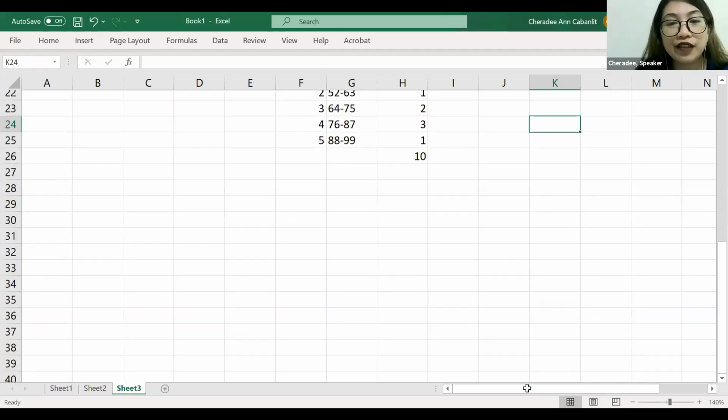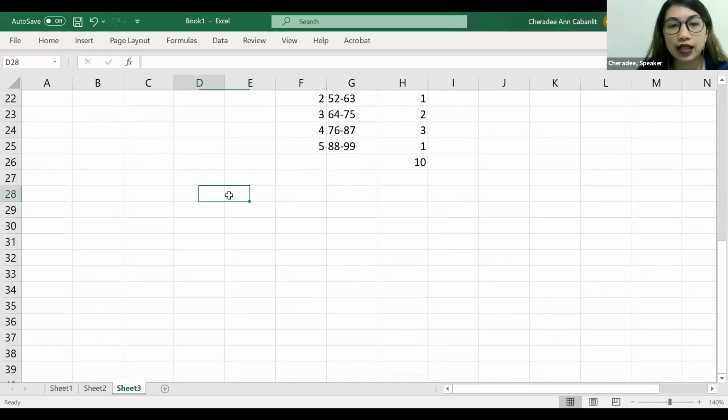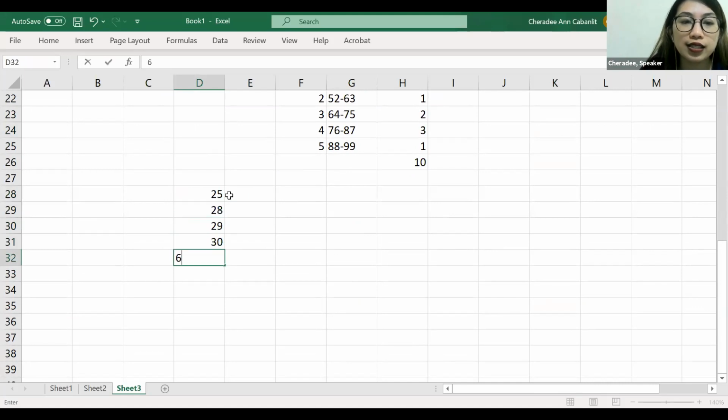I'll open Excel again. Here. So I'll give another example. Let's say random numbers: 25, 28, 29, 30, 15, 7, 60, and then let's say 10.